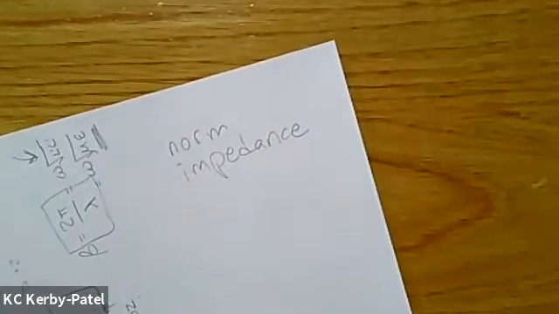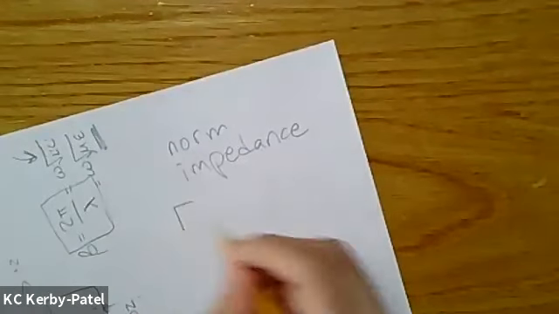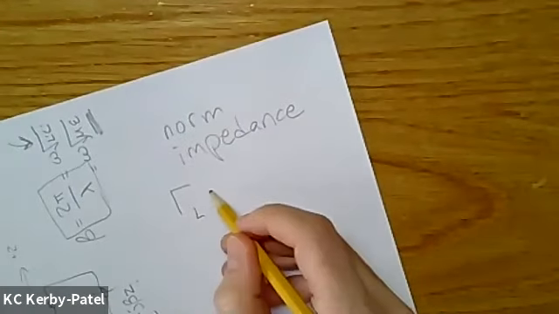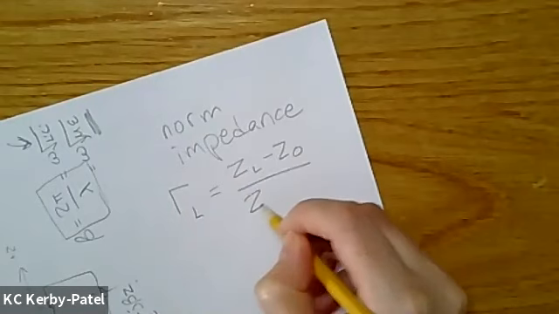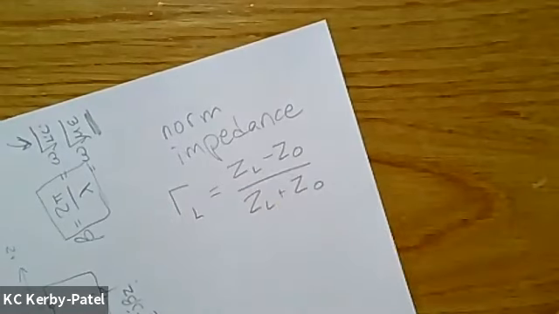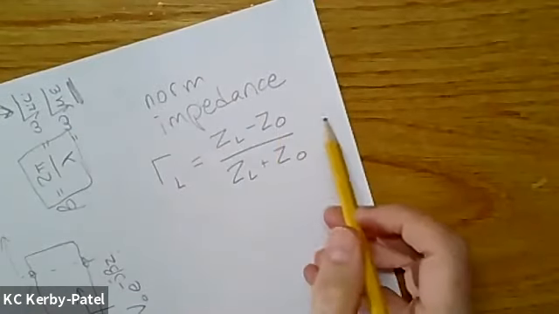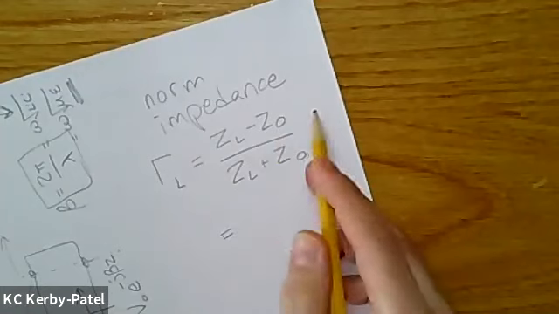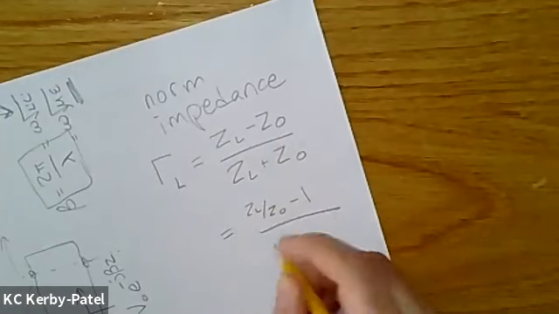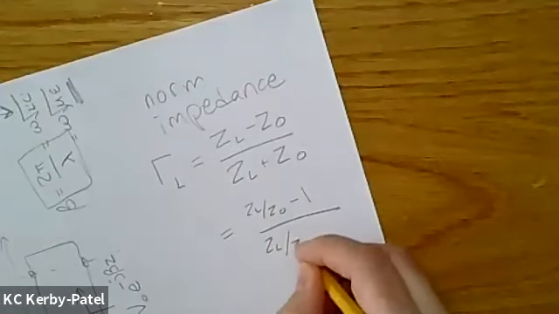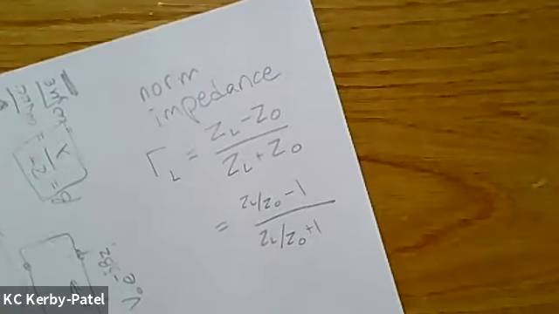So if I want to normalize an impedance, here's why we do it that way, right? The load reflection coefficient is ZL minus Z naught over ZL plus Z naught. But this has two variables in it. What if we just divided everything by Z naught? Then it would be ZL over Z naught minus 1 over ZL over Z naught plus 1.